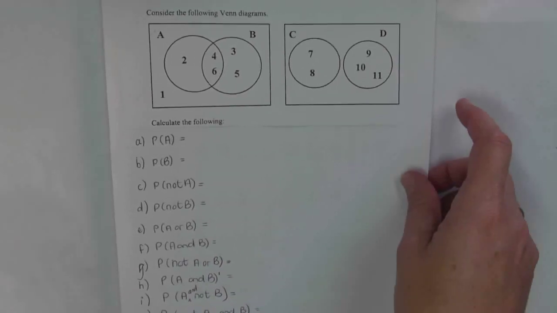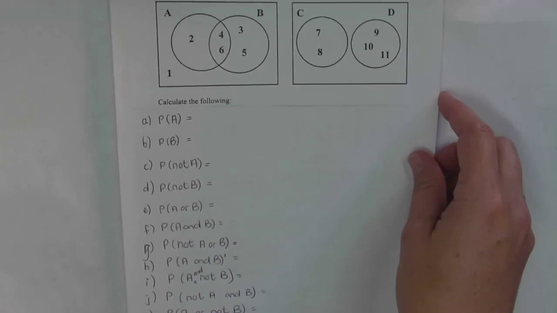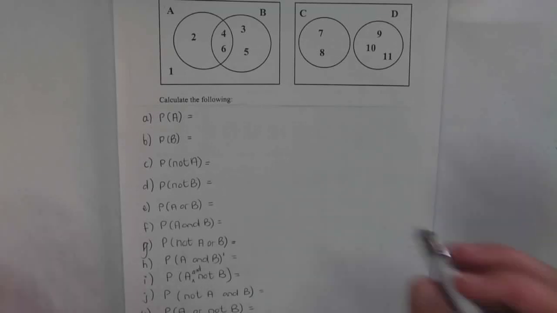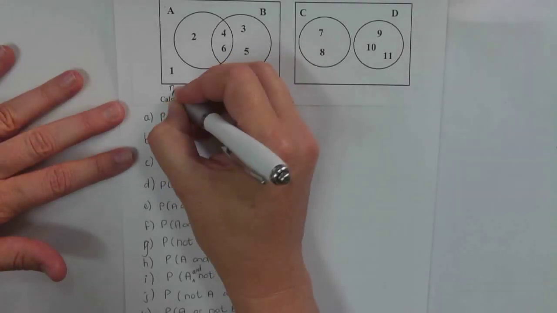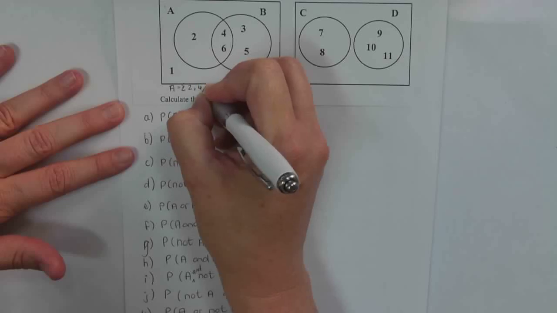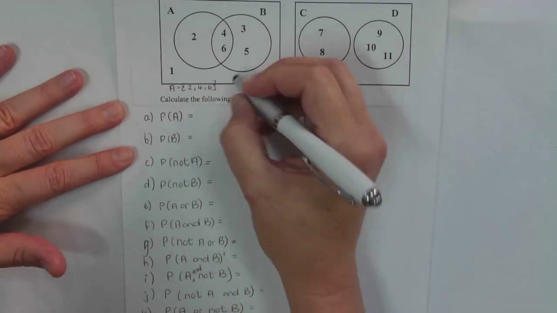Right, so what is the probability of A? Let's have a look. How many numbers do you find in A? If I had to go and write down the set, A is 2, 4, and 6.